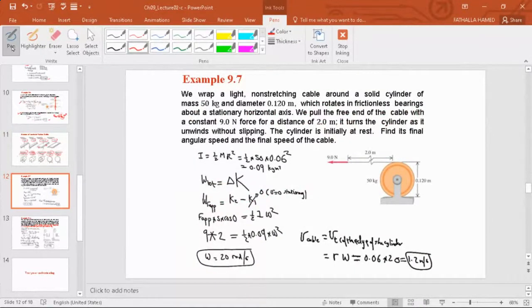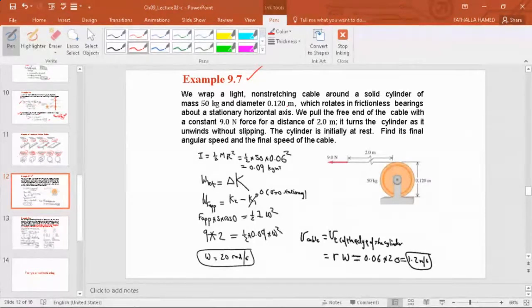Let's look at this example here. And now this will bring in how we deal with rotational kinetic energy. So we wrap a light non-stretching cable around a solid cylinder of 50 kilograms, diameter 0.12 meters, which rotates in frictionless bearings about a stationary horizontal axis.